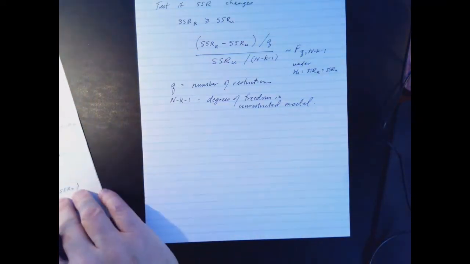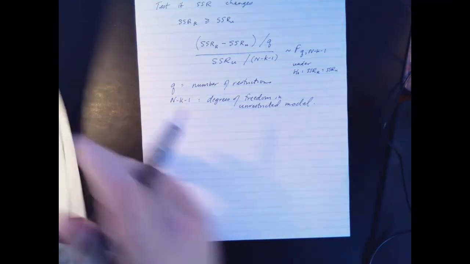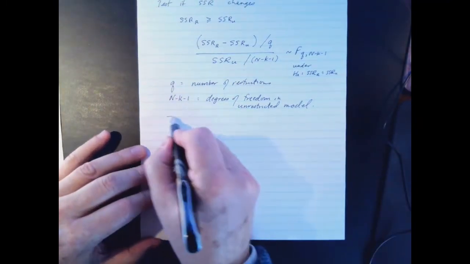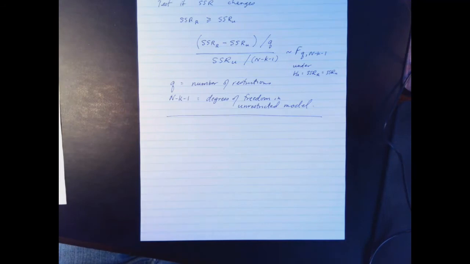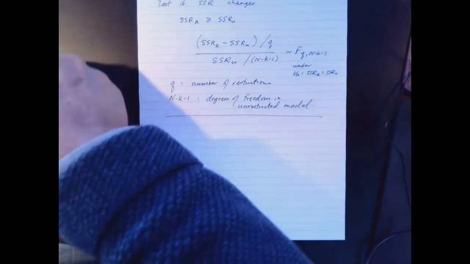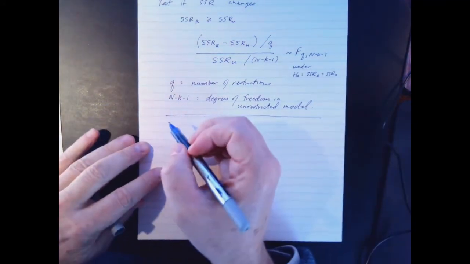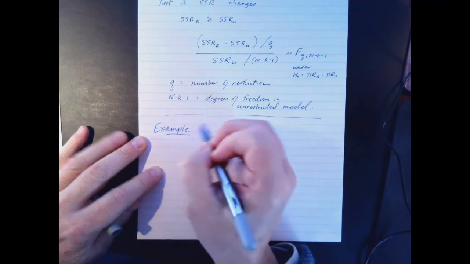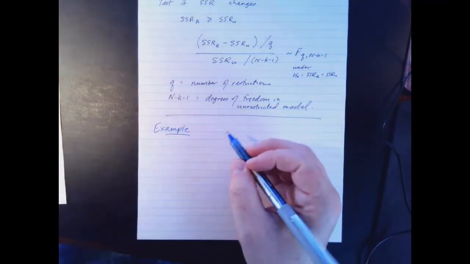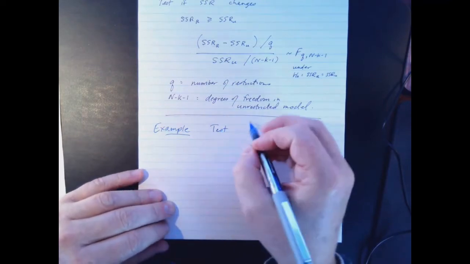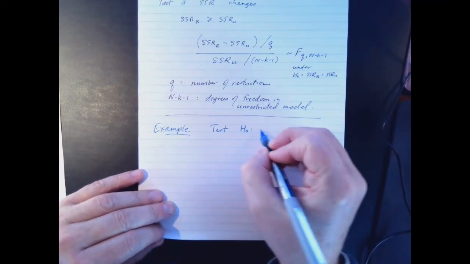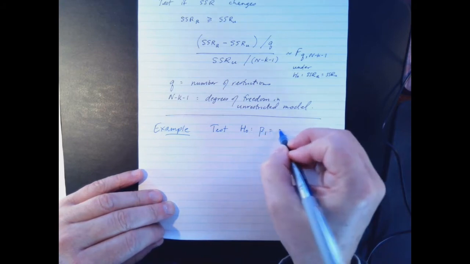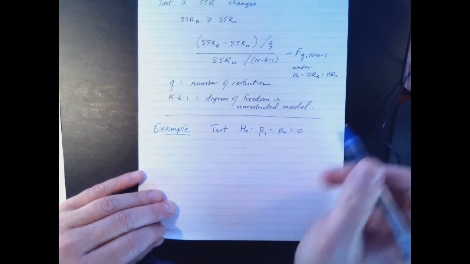Okay. And I'll switch to a blue pen here. Let's go with our first example. We want to test the null hypothesis that beta 1 equals beta 2 equals 0.